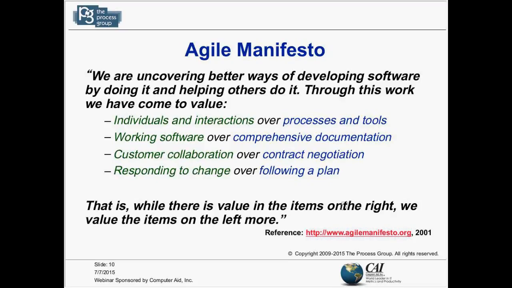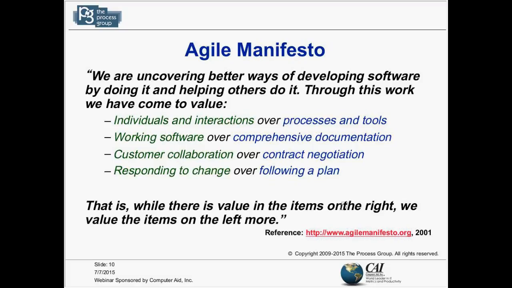They start off with these items in the manifesto, which are really value statements. For example, individuals and interactions are valued over processes and tools. Working software over comprehensive documentation, customer collaboration over contract negotiation, and responding to change over following a plan.